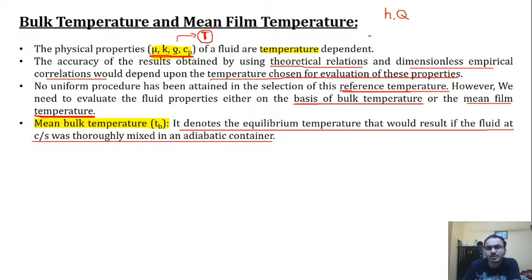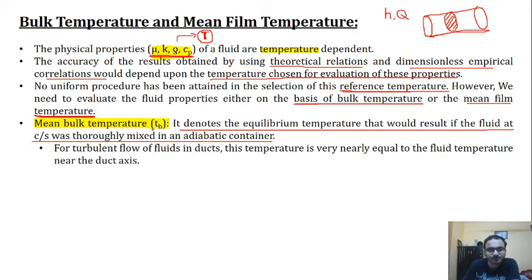To take a small example of this, let us have one cylinder, and at a particular cross section, obviously this is an adiabatic container, so no heat transfer is occurring with the environment. If the fluid at this cross section is thoroughly mixed, then it denotes the equilibrium temperature, that is the mean bulk temperature TB.